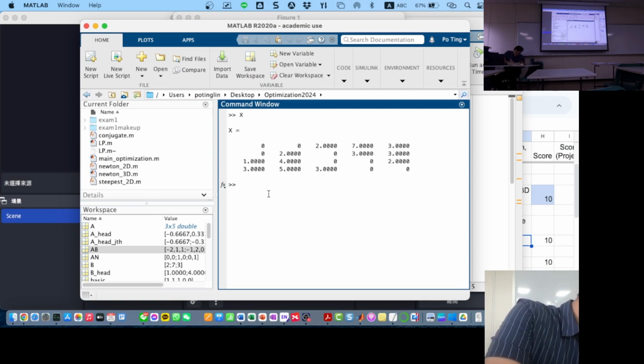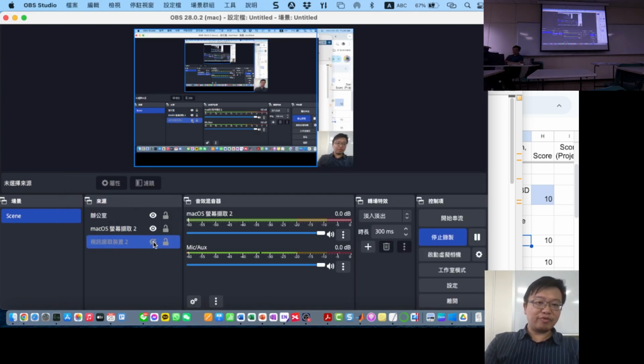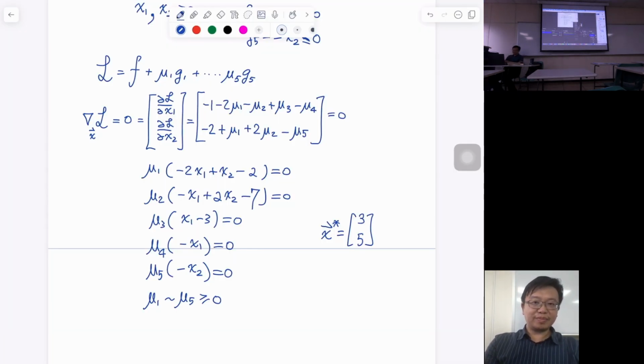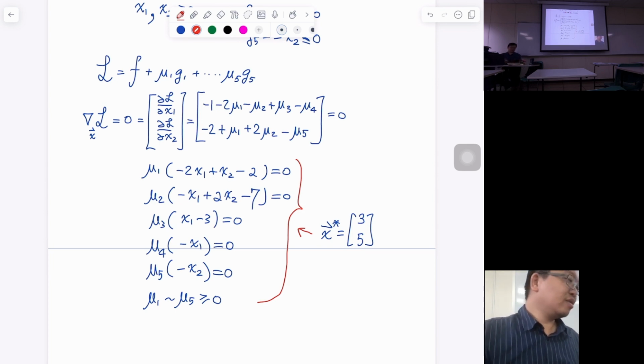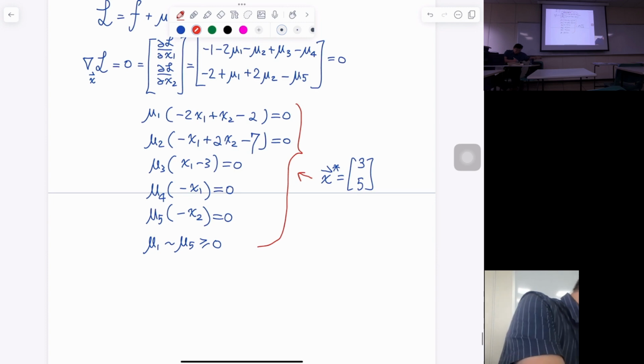So from linear programming, I realize the solution is 3 and 5, right? I just want to check whether 3 and 5 satisfy all these. If it does, the KKT condition says, okay, this is the solution. So just plug in.